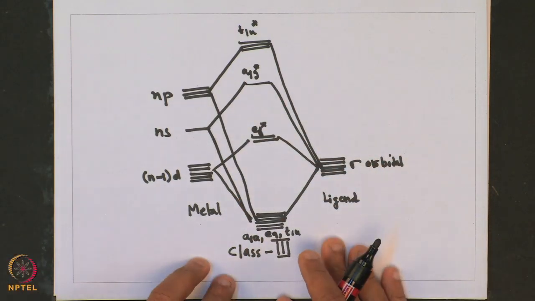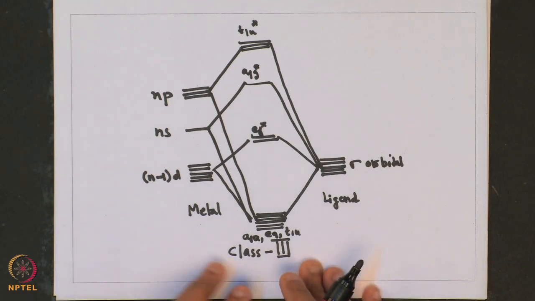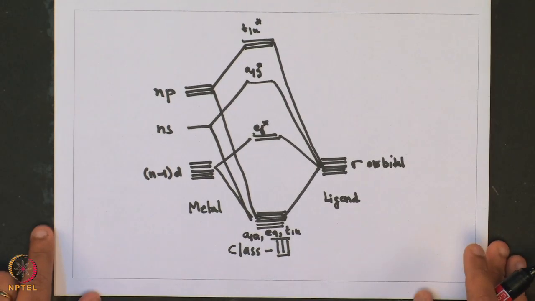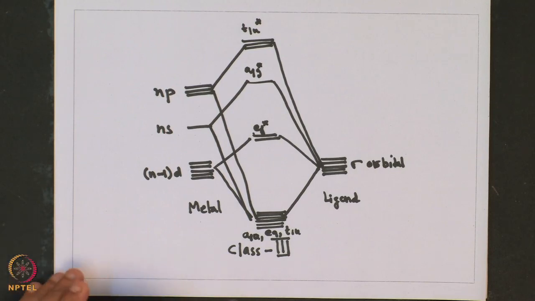Till this part, it is similar to what we had observed for the class 1 and class 2 type of complexes. But from here something more interesting happens.